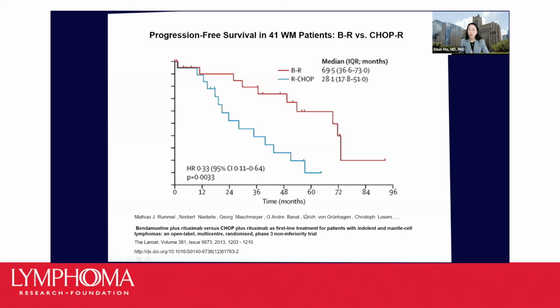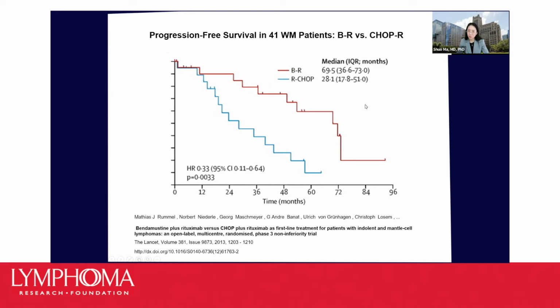And if you look at the long-term outcome, this is the progression-free survival among the 41 Waldenström patients included in that large study. You can see that the red line represents the BR combination, which gives you a much longer progression-free survival compared to R-CHOP, which means that you can have much longer disease control. The median progression-free survival for BR is 69.5 months compared to only 28 months for R-CHOP.